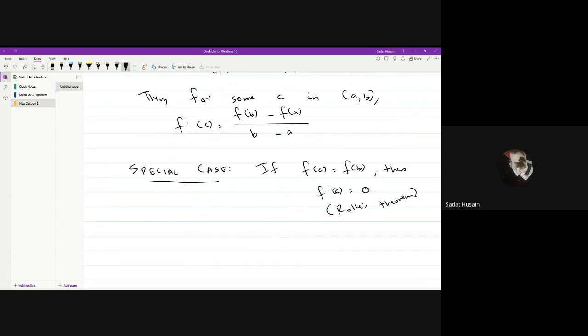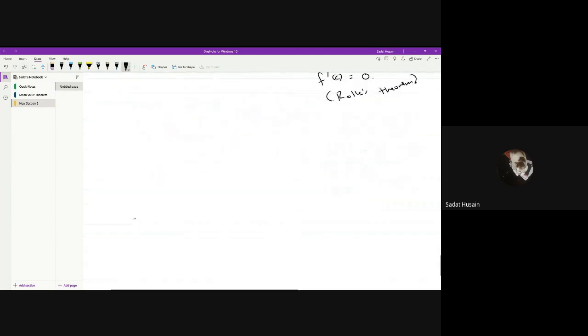Actually, again, we're not going to be proving the mean value theorem. We're going to try to get some intuition about why it works. For example, if I have a graph that looks something like this, right?